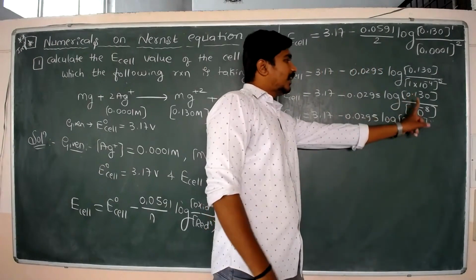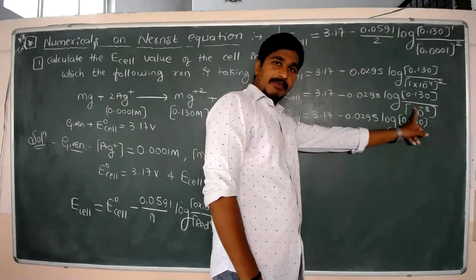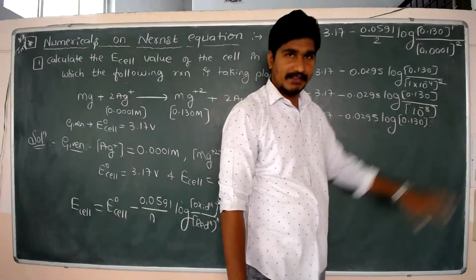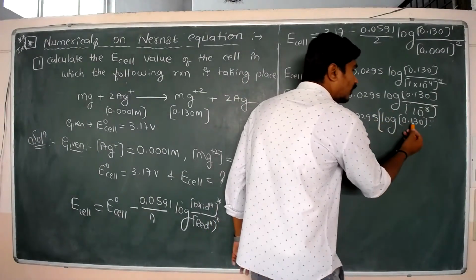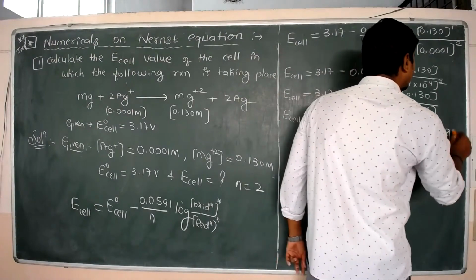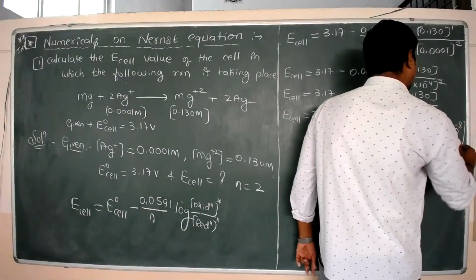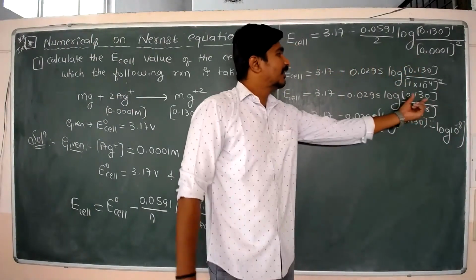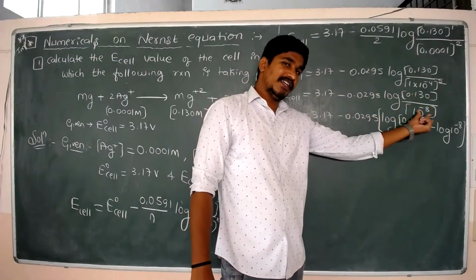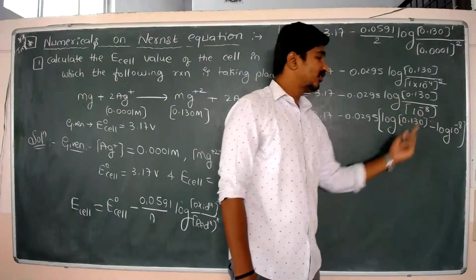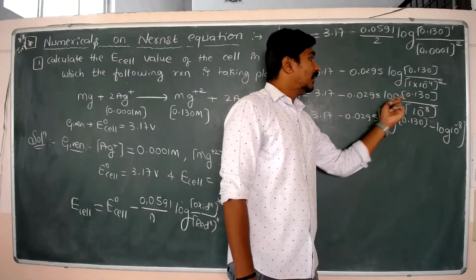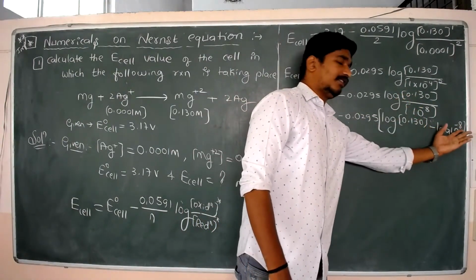You can use log m by n. Log m divided by n, that is log m minus log n. That's what I am using here. Therefore, it will become log m minus log n. Log n is 10 to the power 8. Here, I am taking this one as m and this value is n. It is in the form of log m divided by n. What is the formula? Log m by n is log m minus log n. That only I wrote.